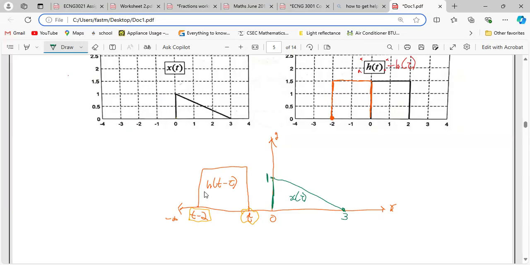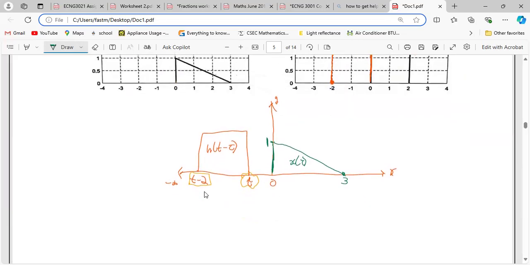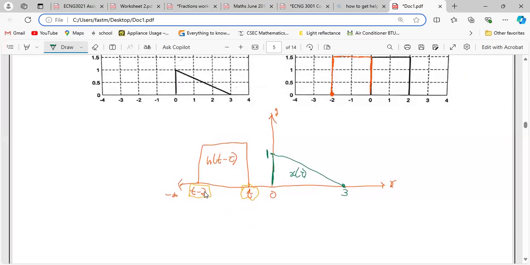So we have our equation: h at t minus tau and x at tau. Now we can move it. When you're moving it, you must know the regions in which they overlap. Our way to do it is to think of u at t. So you write u at t, and you're literally walking in this direction.